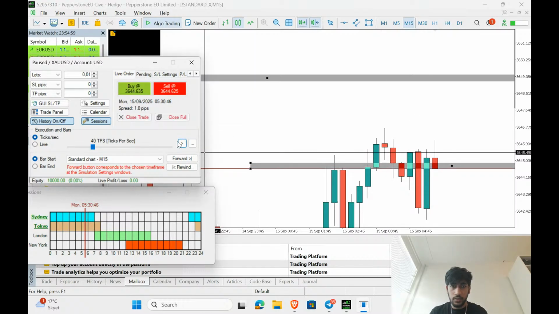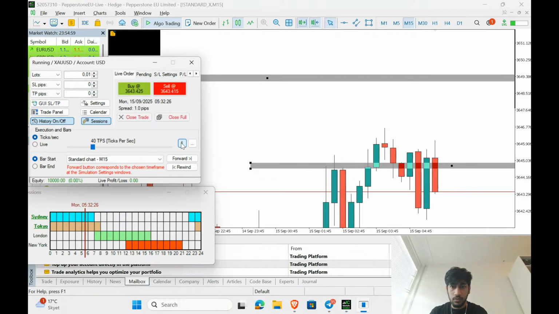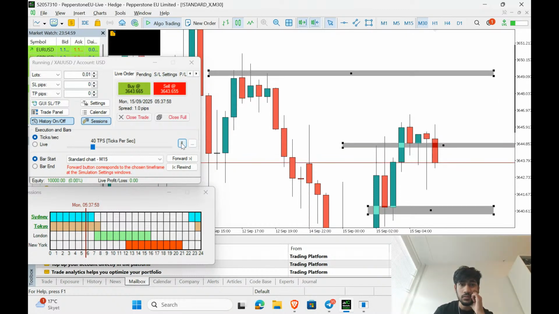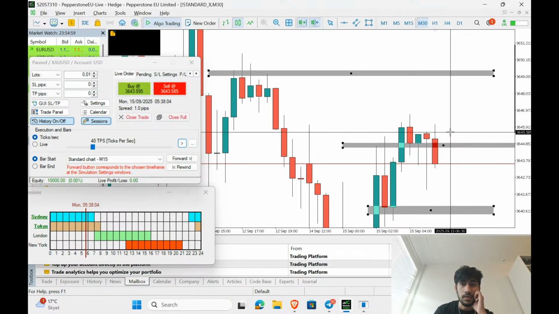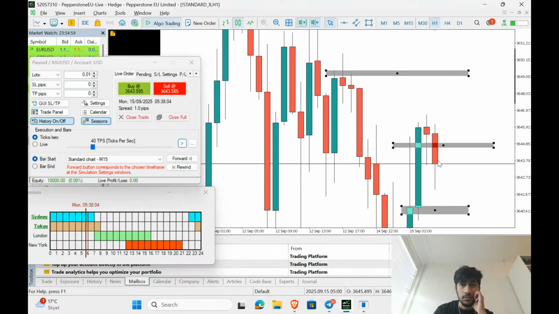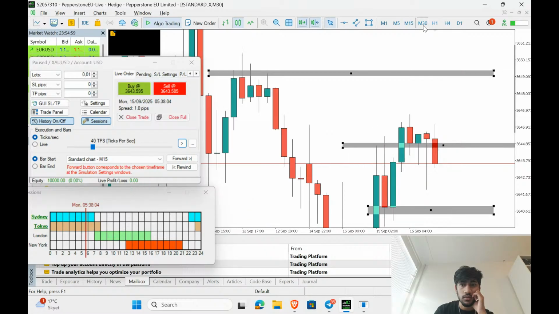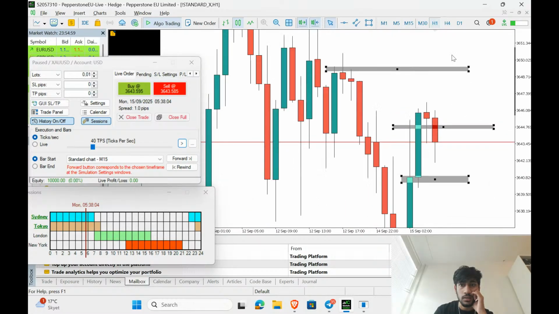See, this rejected. It was not a good idea to buy above this because the 1 hour had broken the lows. On 15 minutes, we have this rejection area over here, so it was not the best idea.